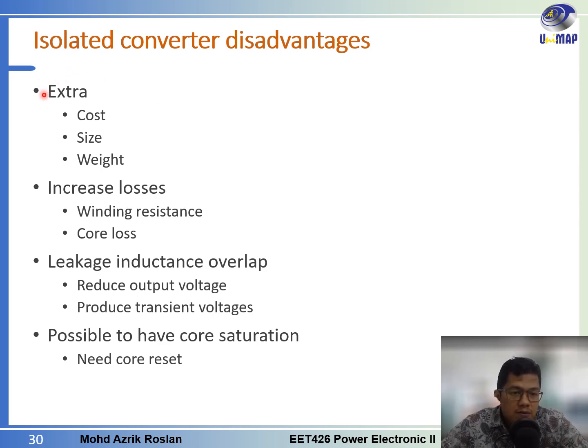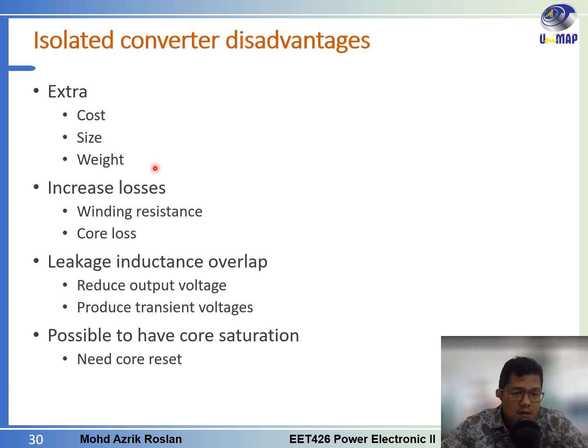That means we have some extra cost of the transformer, and then due to the size of the transformer, we must have extra size, and the transformer is also not light, so it's heavy. The big transformer can be very heavy, so you have extra cost, extra size, and extra weight.